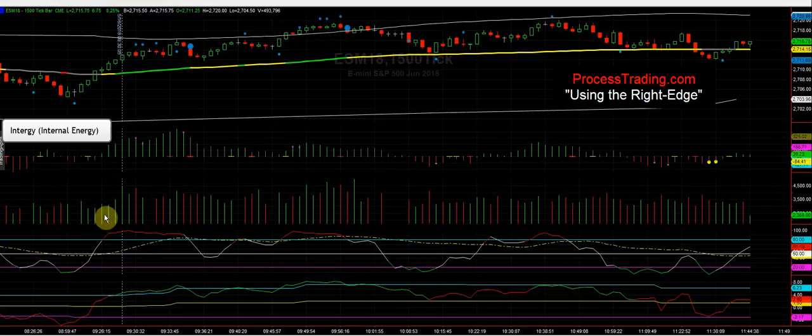But the whole thing in trying to trade the E-mini or any stock is to be able to forecast and see intuitively what is going to happen next. Like the next bar in the volume here went down, but as you can see, the next bar here on the Intergy indicator went up, and they continue to go up because demand is coming in.